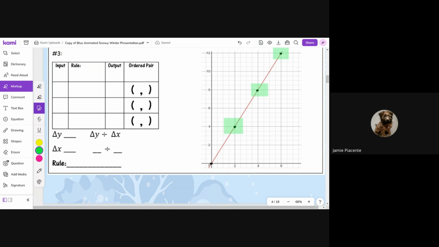Okay, what I want you to do right now on your own is to write in the ordered pairs. Don't do the input, don't do the output. Just write the ordered pairs in now. Go ahead.